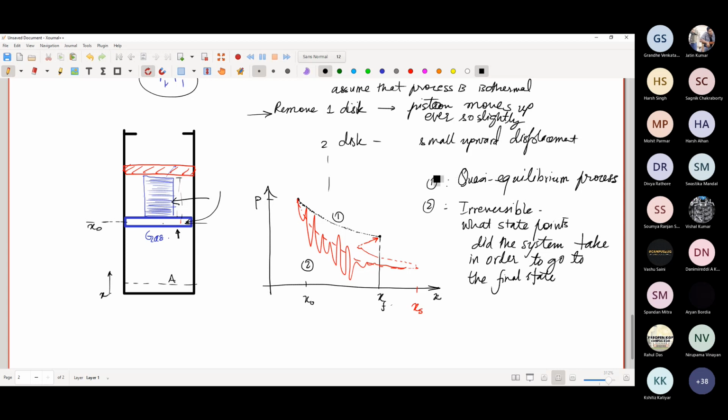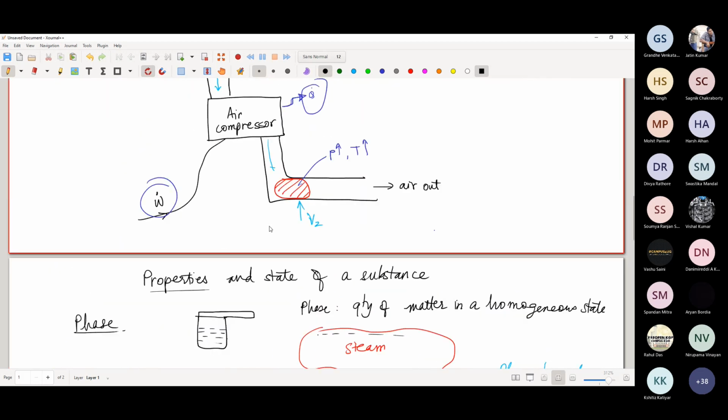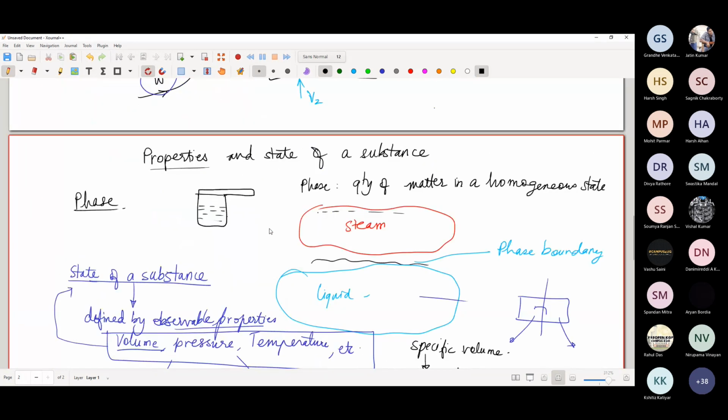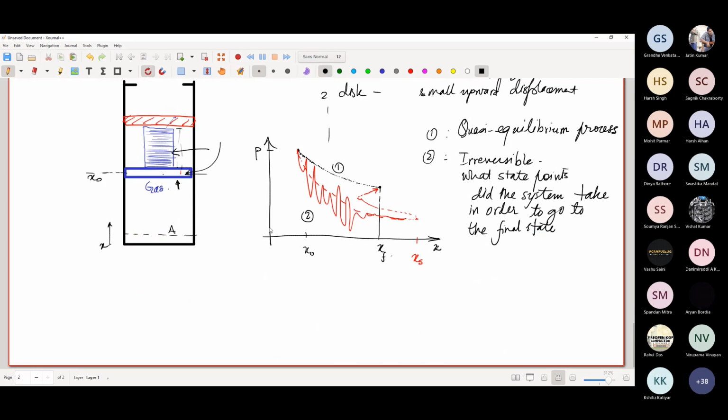Now you may say, wow, later on you will see that even air compressors and all you can approximate as quasi-equilibrium, no one cares. But what decides how quickly the relaxation is going to be? Then you have to really go into statistical mechanics.